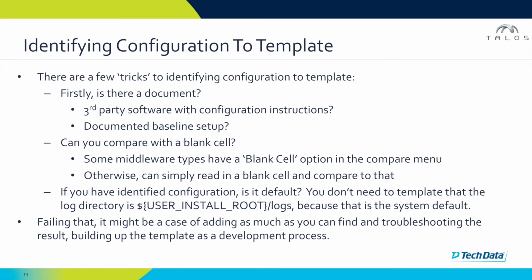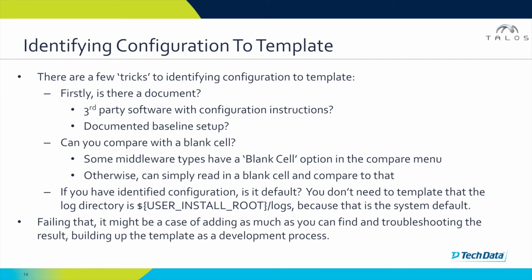Secondly, you can compare with a blank cell. So you can go into compare mode, compare your full export from your existing configured middleware with a blank cell of that blank middleware, and that will highlight those areas that are different between environments or specific to that application.